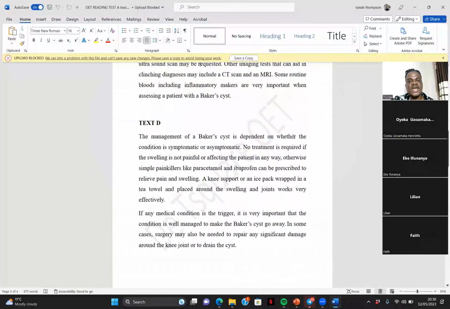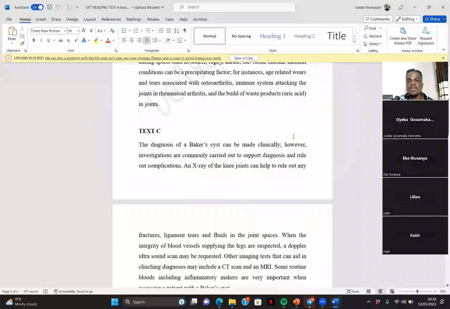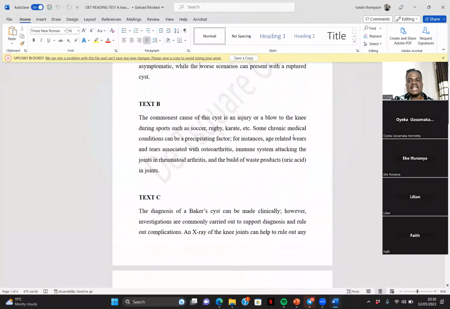And when you've suspected where your answer will come from, don't just go and pick the answer. Still confirm. Do you understand? So you come back to B. Let me confirm if I'm correct.